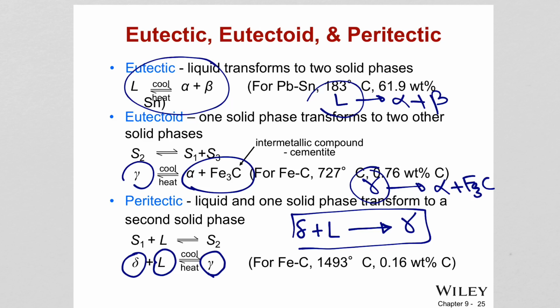Here it's also giving you, so S means from solid to solid, from solid and liquid combination to one solid. These are the characteristics of all these reactions, and they are giving examples from different phase diagrams. We have seen this in the tin lead phase diagram. These eutectoid and peritectic reactions exist in the iron carbon phase diagram.